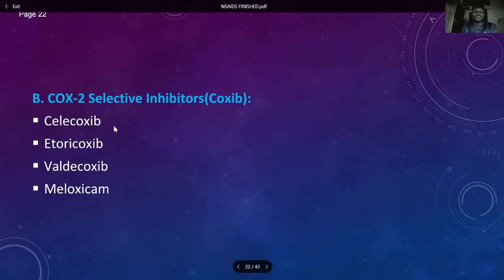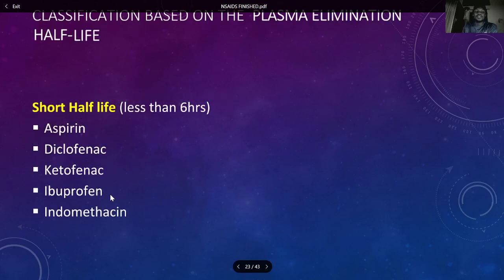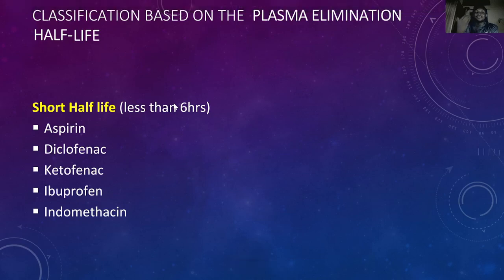Now, COX-2 selective inhibitors include celecoxib, etoricoxib, valdecoxib, and meloxicam. Now, classification based on the plasma elimination half-life, right? So we have short half-life. That is, any of these drugs that have a half-life of less than 6 hours is classified under short half-life.